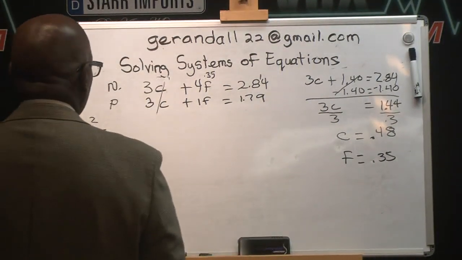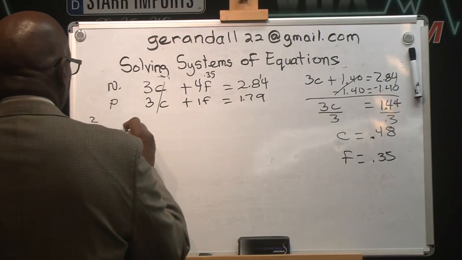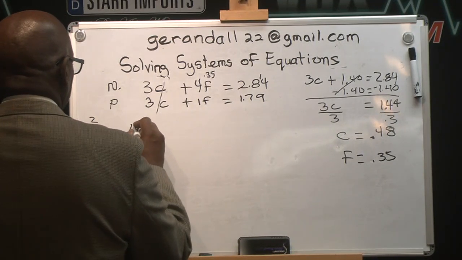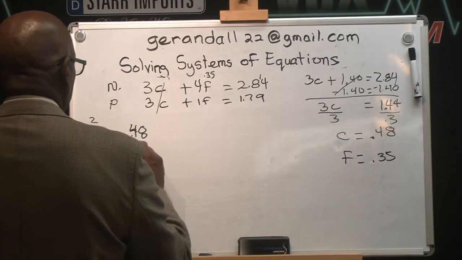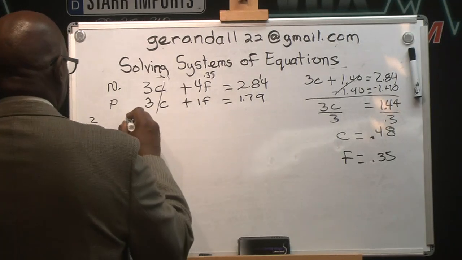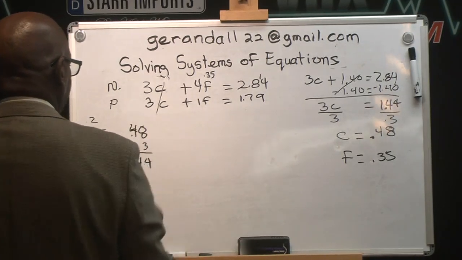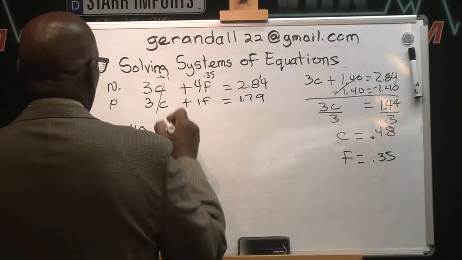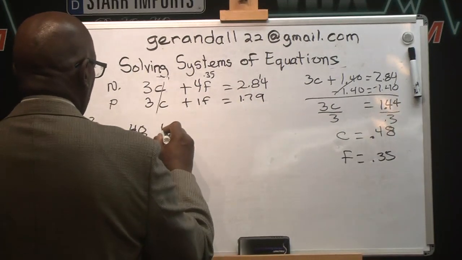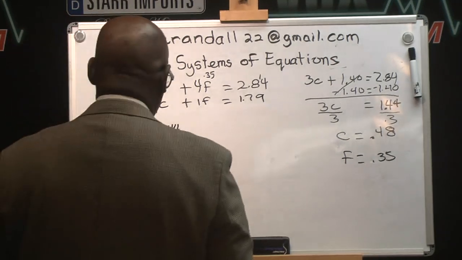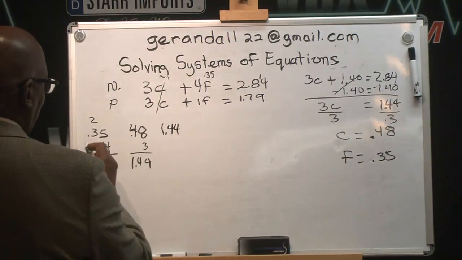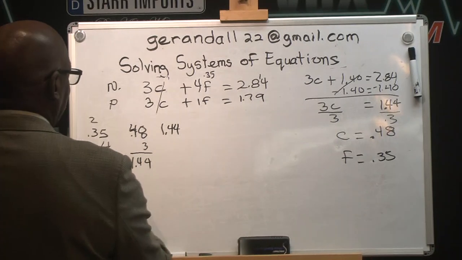Okay. 3 times 48 is $1.44. And we're doing the top equation. So that's 144. Then the fruit roll-up, 140.